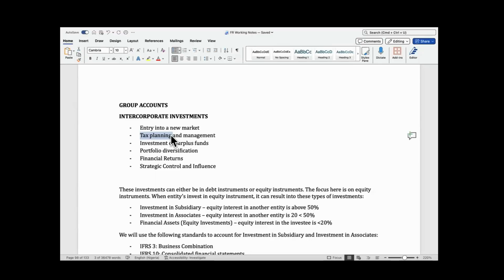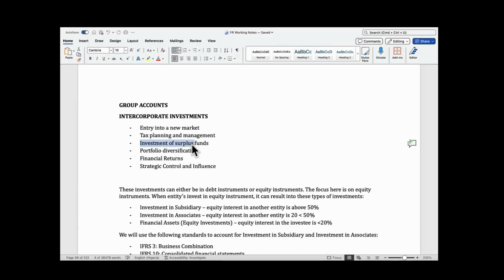So tax planning is part of those reasons. Some companies can have surplus funds, idle funds, a lot of cash flows sitting idle in their bank. They decided to invest it in shares. They buy shares, and because the money is so much, they invest in companies.